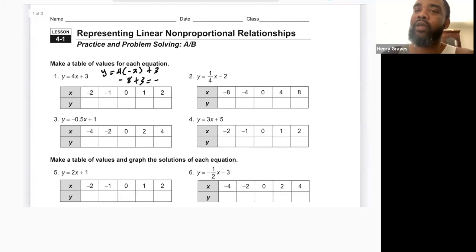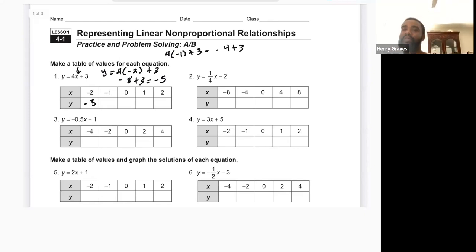Then when I do the same for the -1, I'm going to do 4 times -1 plus 3, right? Replacing the x here with -1. So it's going to be -4 plus 3, which is going to be a -1. As you can see right away, I'm going to save myself some time because it looks like the y's are going up by 4.